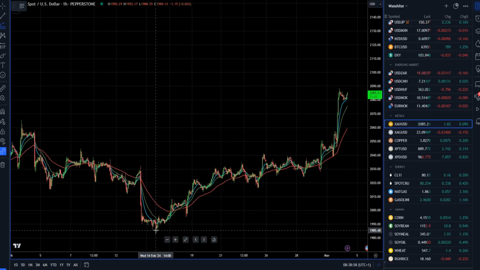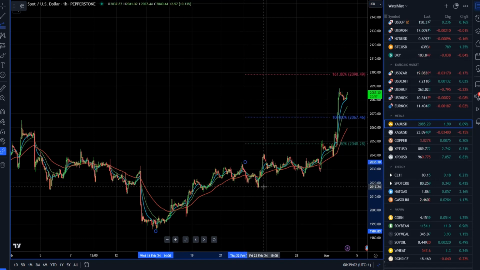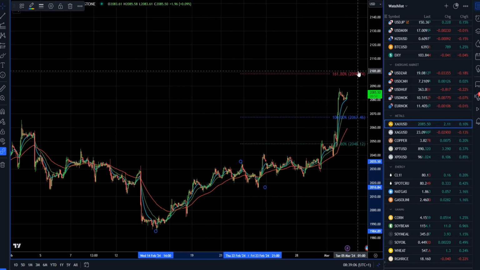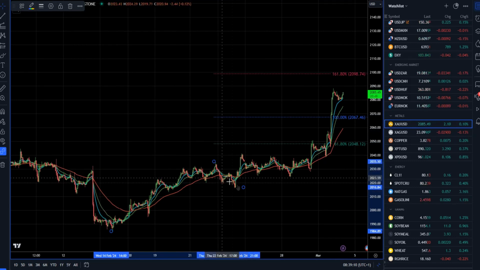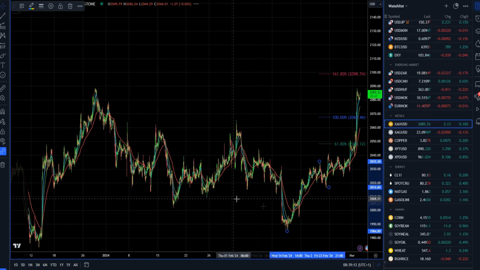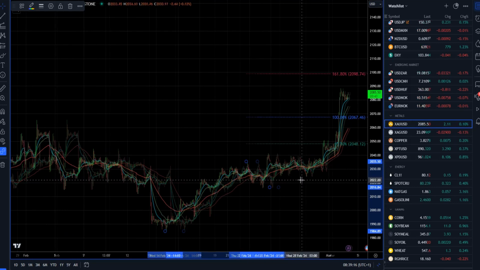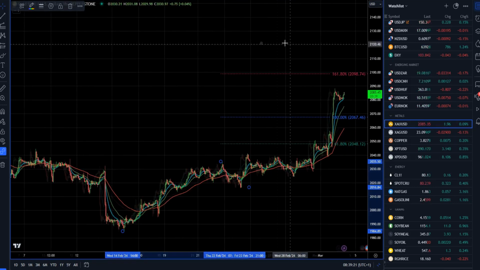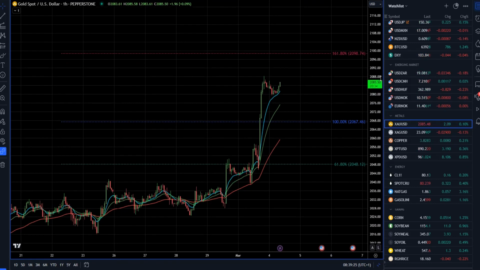We can go here, make a bigger one, and this is one of the projections. So 2100 can be in play. This is the projection from the low where we started the whole bull run, and this pullback that we had here. And this will lead us to around the 2,100 mark.